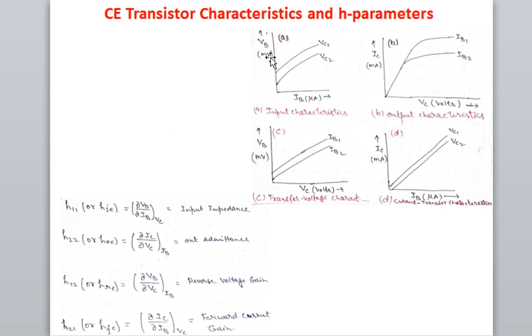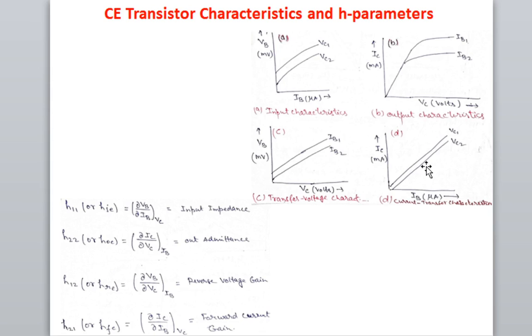So this is the input characteristics, this is the output characteristics, this is the transfer voltage characteristics curve, and this is the transfer current characteristics curve. If you plot a curve between input voltage and output voltage, that gives the transfer voltage characteristics curve. If you plot a curve between output current and input current, keeping output voltage constant, this gives the transfer current characteristics curve.